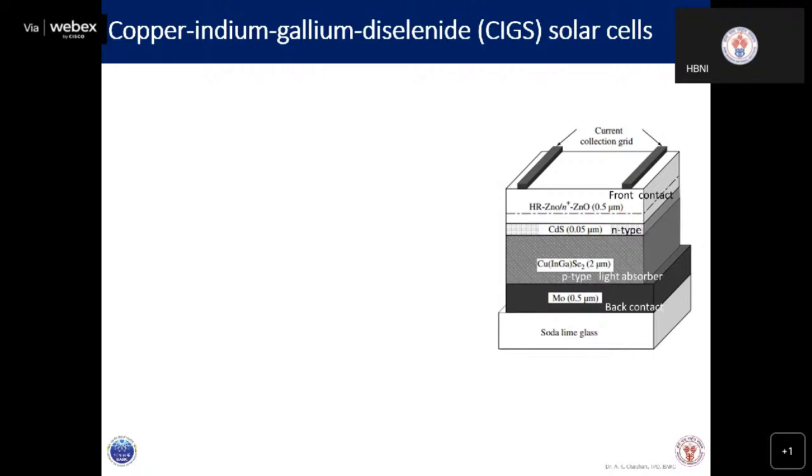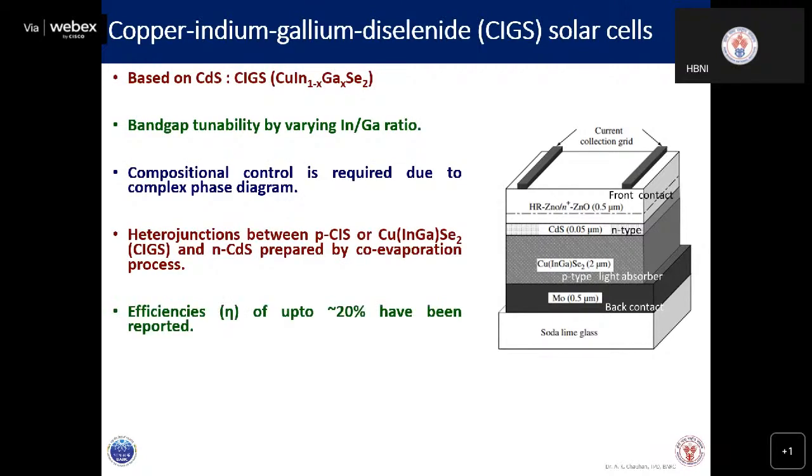Similarly, there is the CIGS solar cell, where you have molybdenum here, then you have cadmium sulfide. The principle of all these is exactly the same as it was earlier. So now you have two materials, one is p-type material, one is n-type material, which are deposited over each other.